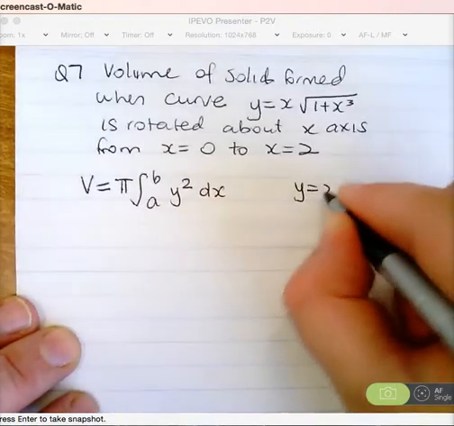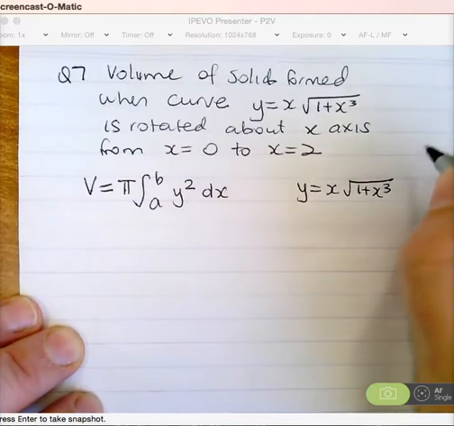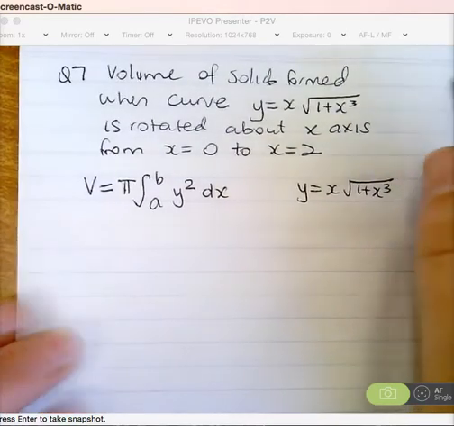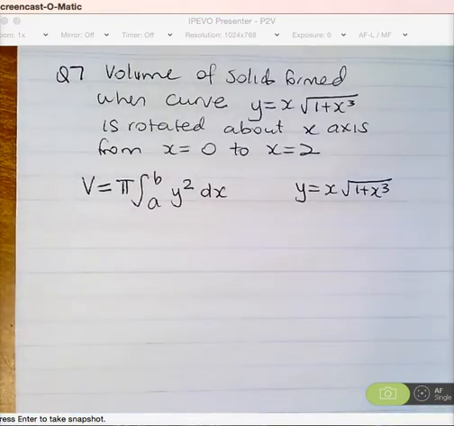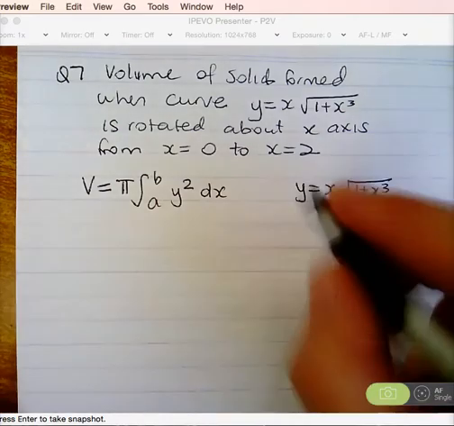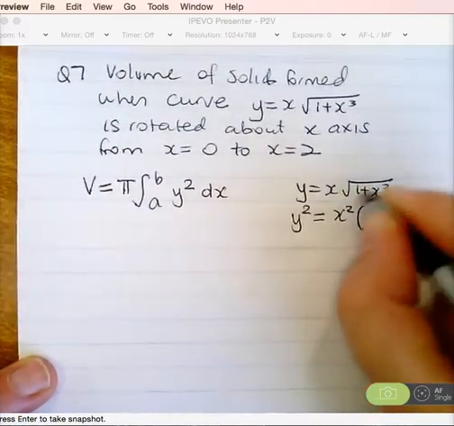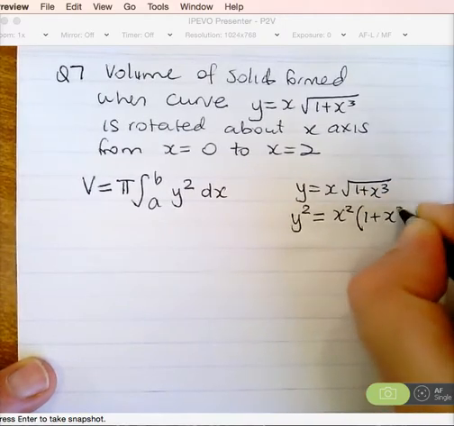So y equals x times the square root of 1 plus x cubed. Let me look at that question again. Yeah, that's okay. So what does y squared equal? X squared, and you square this, and you just get 1 plus x cubed.